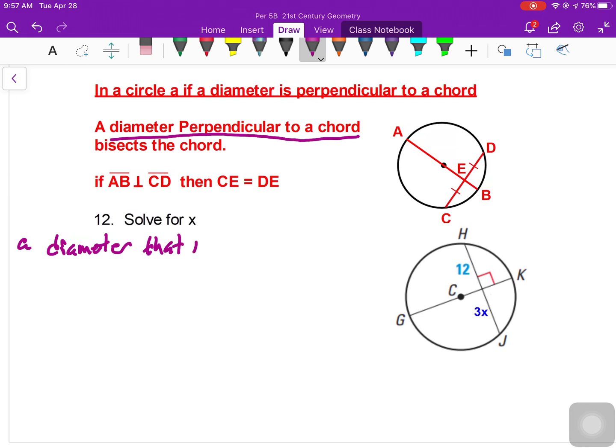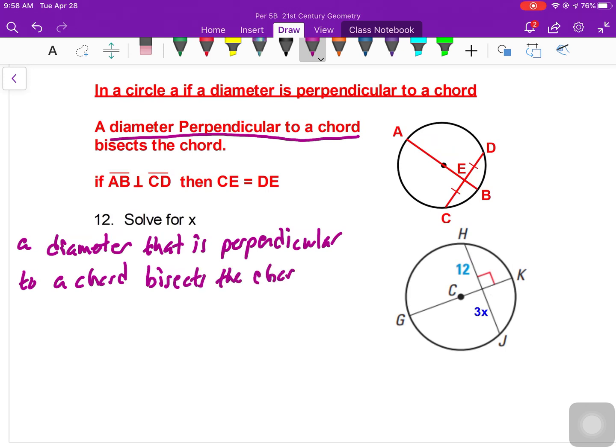A diameter that is perpendicular to a chord bisects the chord and bisects its arc.